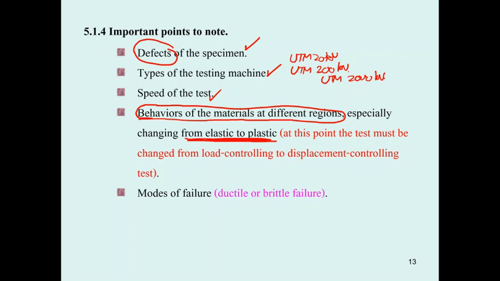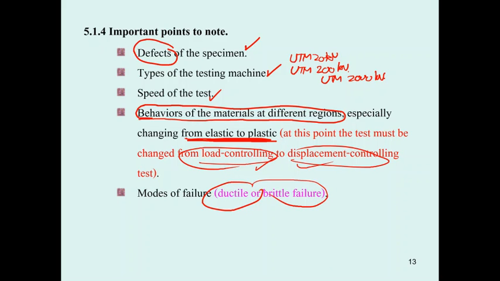That means in lab 3, we must change from a load controlling test to a displacement controlling test. I will discuss this later. You also must observe the mode of failure of the specimen. Do you know what type of failure cast iron goes through?